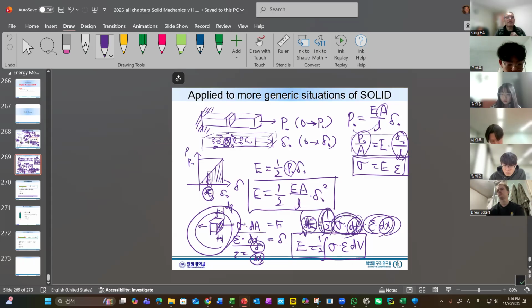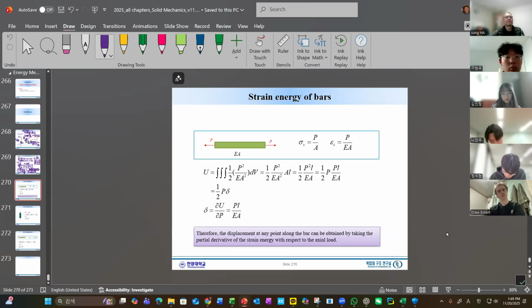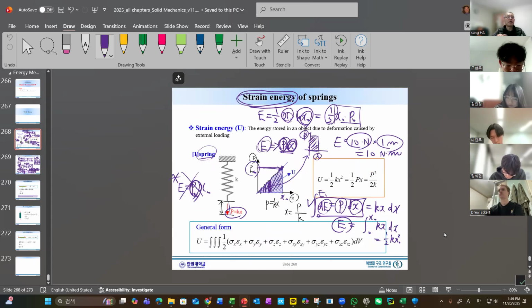So force times the deformation, there should be half, and integration of the volume. Okay, integration of the volume. This is the strain energy of the structure, for example, in a body, in terms of stress and strain. Okay, that's why we have a general form.